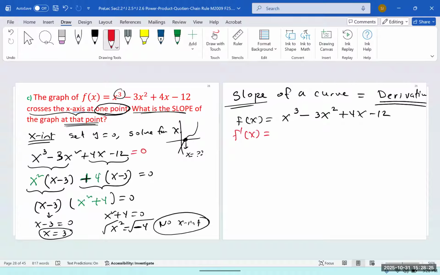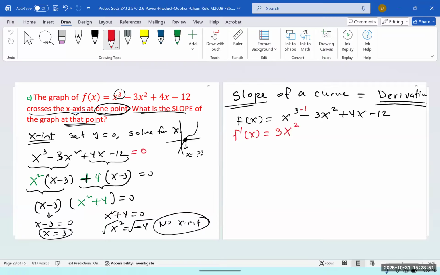what's the derivative of x cubed? Power comes down. What is your power? You have x cubed. So what is your power? 3. So 3 comes down and then power minus 1, 2.